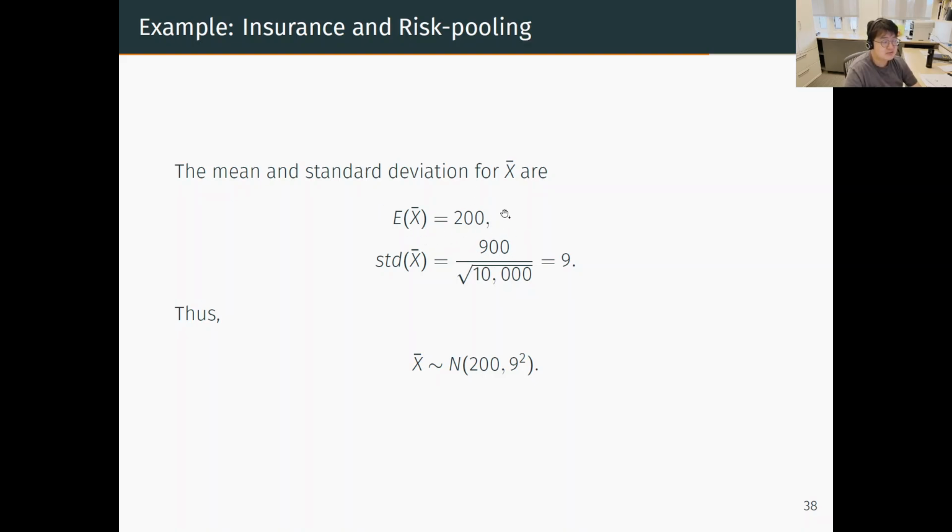The mean is the same, which is simple, but the standard deviation requires dividing by the square root of 10,000. So the single-variable standard deviation divided by the square root of the sample size gives 9. For a single person, my risk was 900, but to the insurance company with 10,000 people, it's only 9, 100 times lower. So X bar is approximately normal with mean 209 and variance 9 squared.